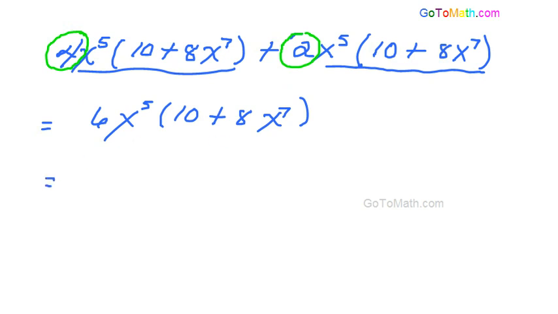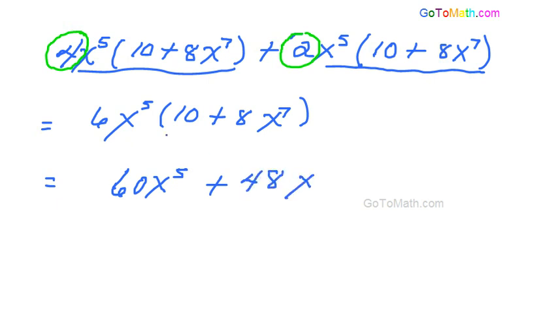Now we can distribute this across. 6x to the 5th times 10 is 60x to the 5th, and then 6x to the 5th times 8x to the 7th: 6 times 8 is 48.